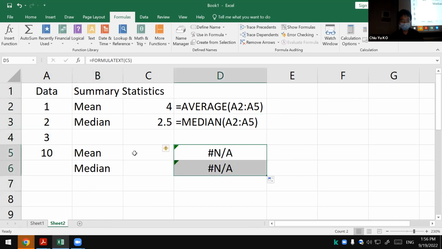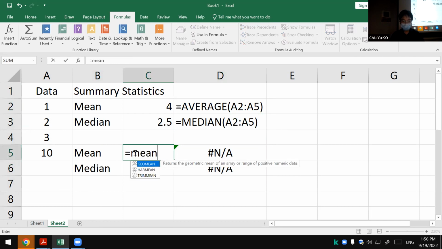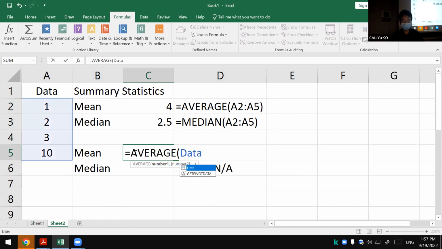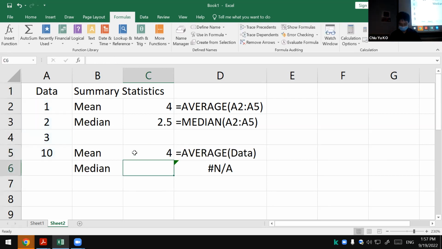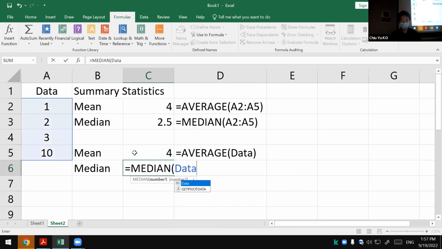I will do average of data. When I put data there, you don't need to worry about what cells A2 to A5 are. The same number, right? Median of my data.